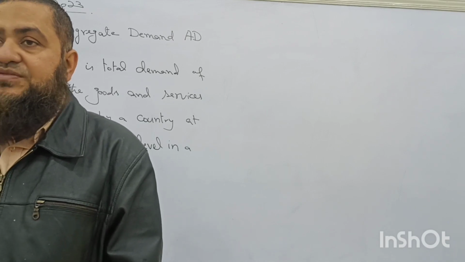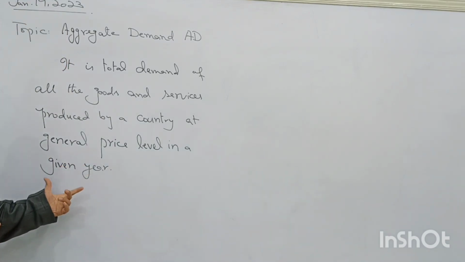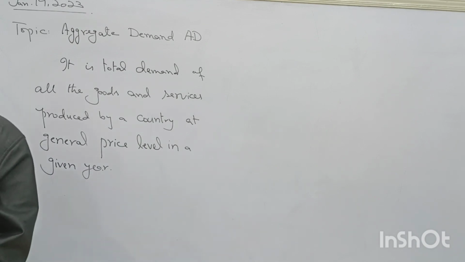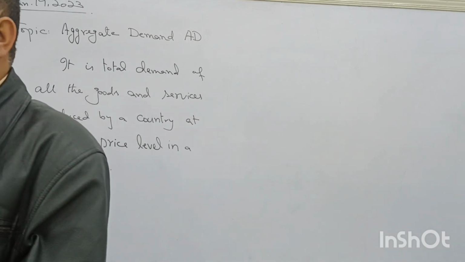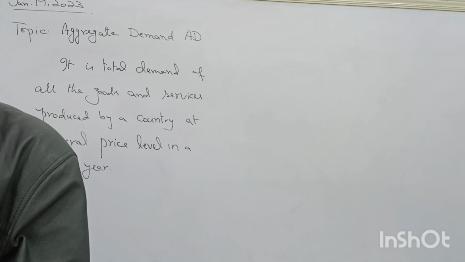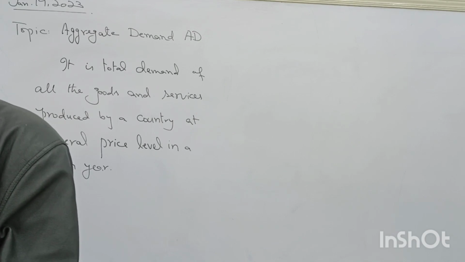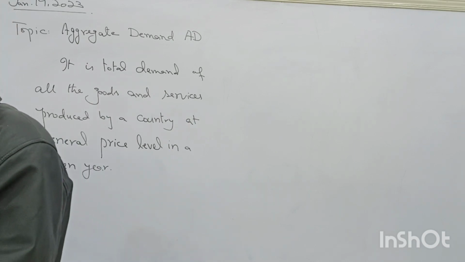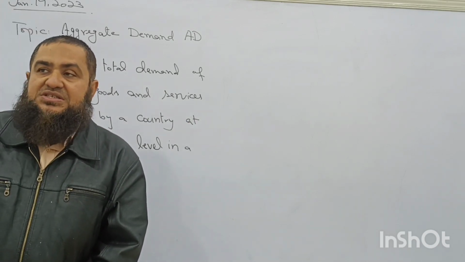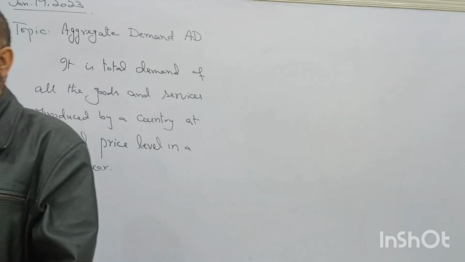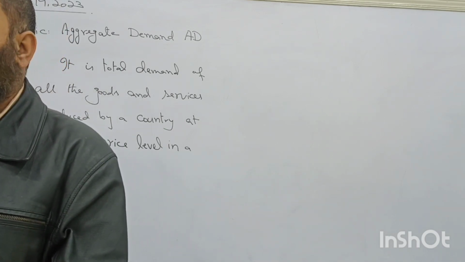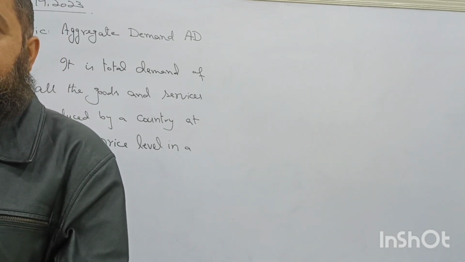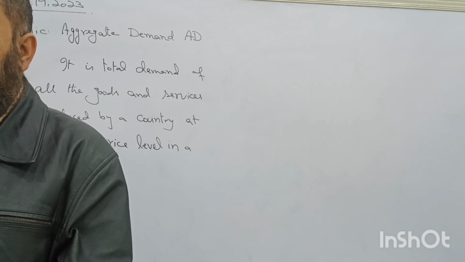Clear? So that's why we are taking a general price level in a given year, like one fiscal year, from the 1st July of 2022 till the 30th June of 2023. Within this time period, how much is our total demand of goods and services which are produced by a country? Clear or not?